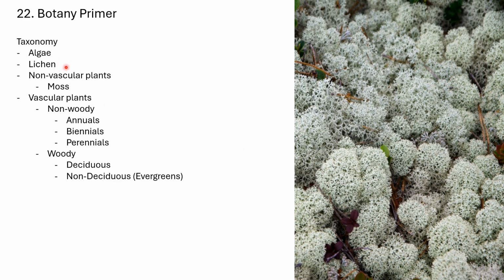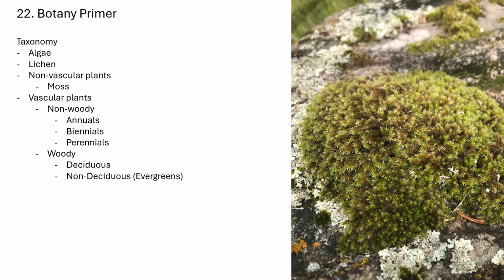Okay, so we've looked at some algae and also algae within lichen. And now we're going to look at moss. And I have this term here, non-vascular plants. So now we're talking about true plants. And I think most of us have probably seen moss before. I think we talked about sphagnum moss in earlier lectures in this course.